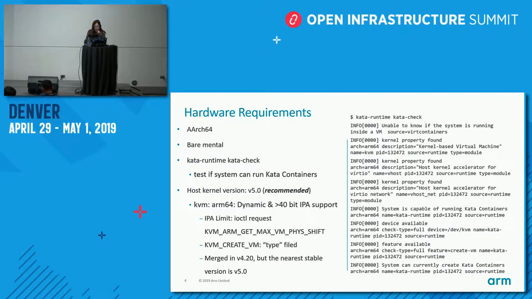In these patches, we also create a new ioctl request, KVM_ARM_GET_MAX_VM_PHYS_SHIFT, to acquire your own system IPA limit. You should know that your IPA limit is dependent on your system. So different hosts have different IPA limits.